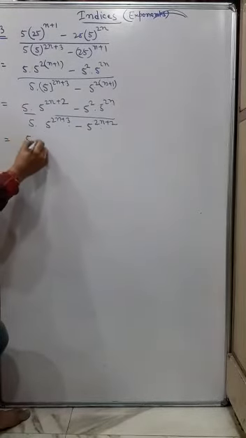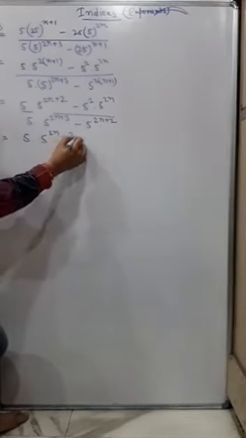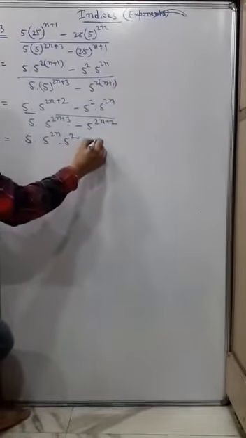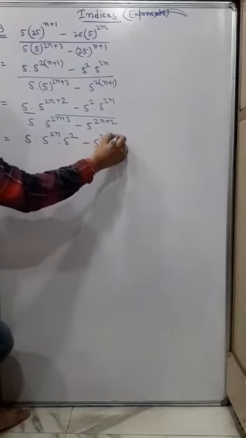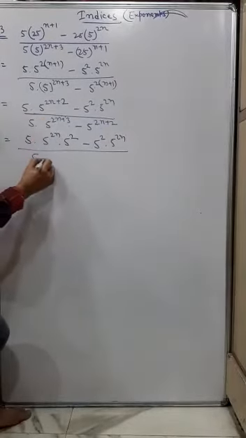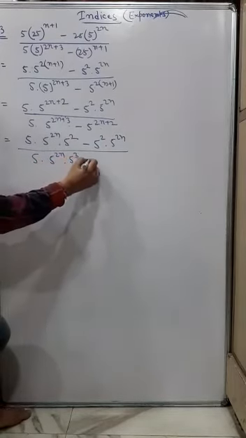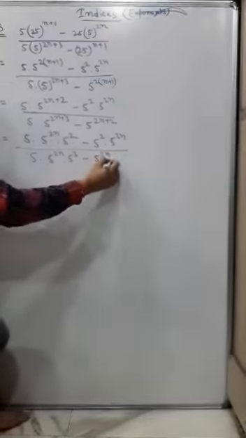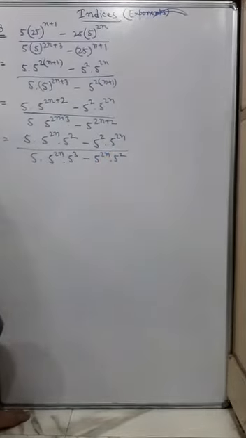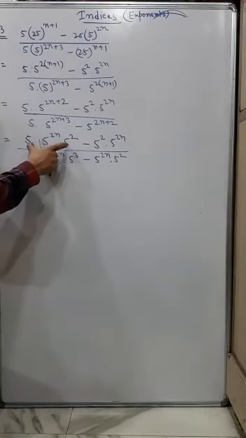So 5 and then 5 to the power 2n into 5 to the power 2, then minus 5 to the power 2n, again 5, this becomes 5 to the power 2n into 5 to the power 3, and then 5 to the power 2n into 5 to the power 2. Okay. Now you can see what can I take common.